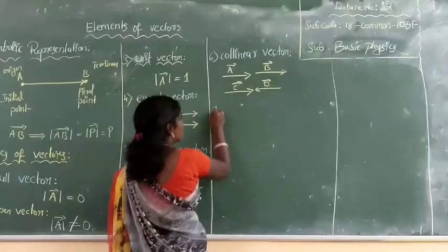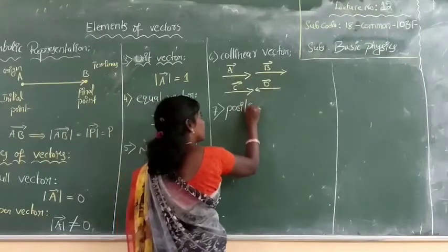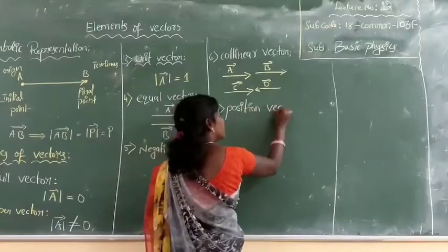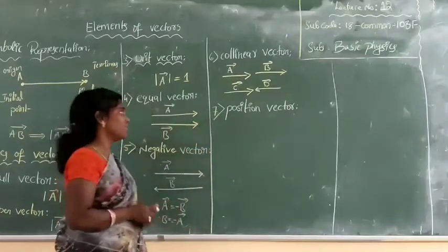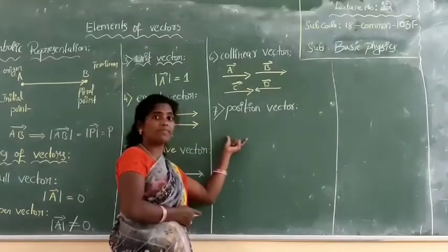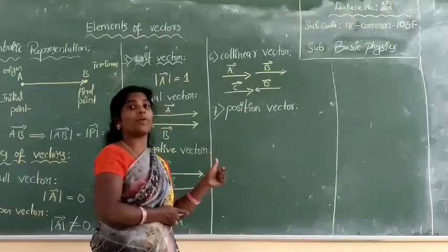Next one, position vector. Position vectors are the vectors which specify the position of a point with respect to a fixed point.